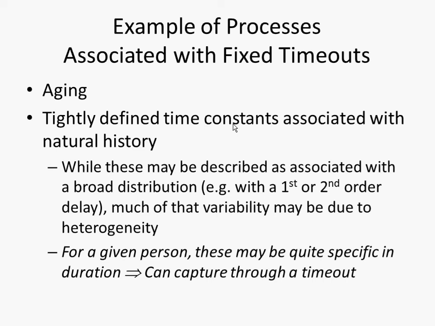And then sometimes if you have natural histories of infection or other things, you have tightly defined time constants. You might draw the amount of time till the timeout, till you leave the state, from a distribution. So you get a custom distribution, a beta distribution for how long you spend in that state. It's a timeout with a value after which you leave being drawn from some empirical data.